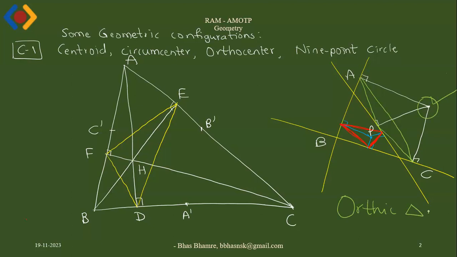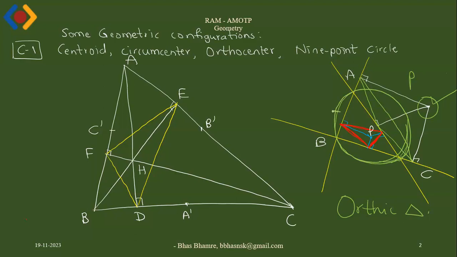So for an equilateral triangle, or for any triangle, we get the pedal triangles. But there is a typical finding that if this point P lies on the circumcircle, suppose the point P is over here.